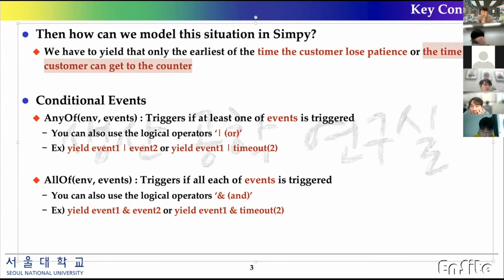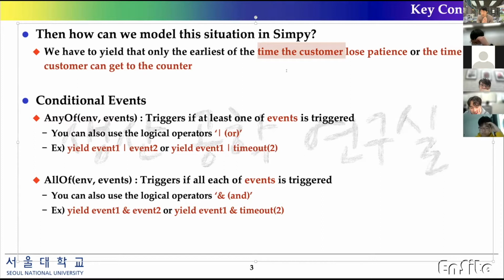Once the customer arrives at the bank, there may be 2 incoming events. The first event is the time during which the customer can wait and go to the counter. The other is when the customer loses his or her patience.